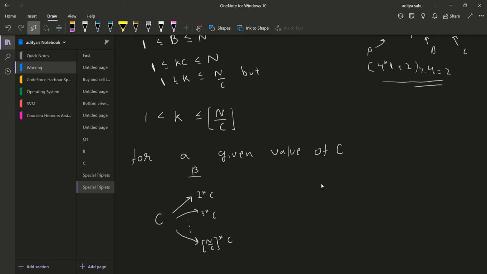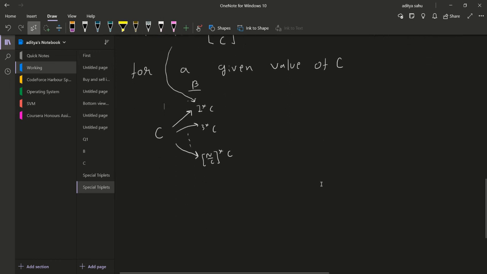All I did was this. This is nothing but k values. This 2, 3, and n by c, all these are k values. Okay, now that's cool. Now let's find out the values of a.